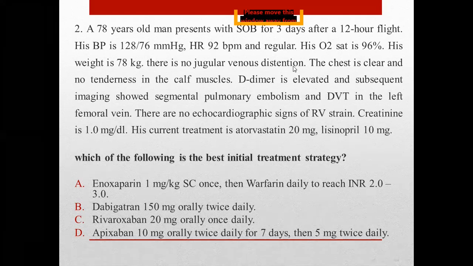So I can see that the majority have chosen the answer D, which is apixaban 10 mg twice daily for 7 days, then 5 mg twice daily. So let us see the correct answer. The correct answer is D.